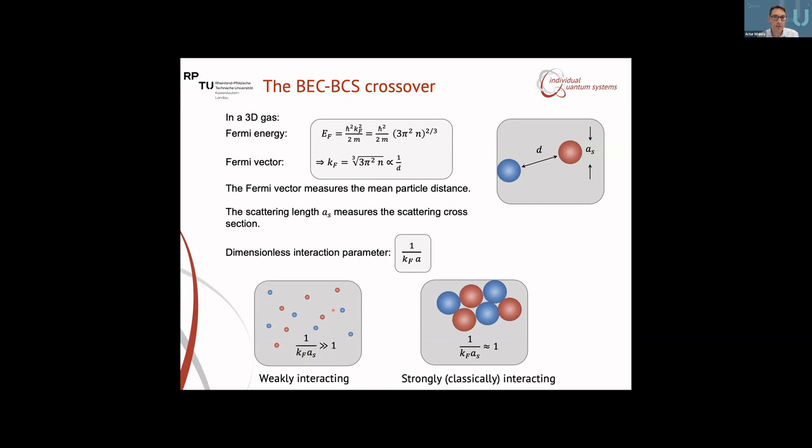If you now increase the interactions, the classical limit is 1 over kFa equal 1, when the particle distance is as large as the radius or the size of the particles. And that is classically the strongest interaction that you can have. Quantum mechanically, however, because you have wave functions, 1 over kFa can become even smaller than 1 and can become 0.